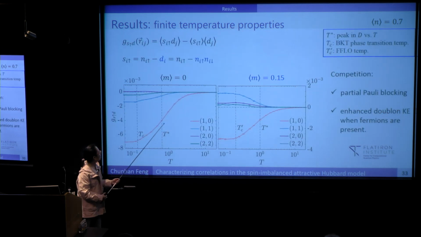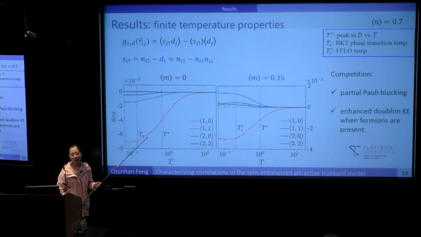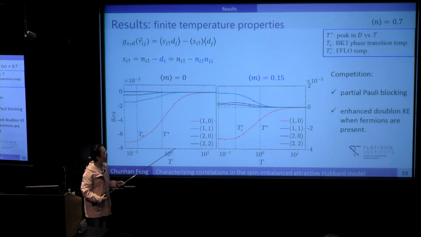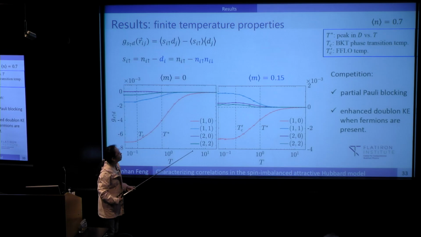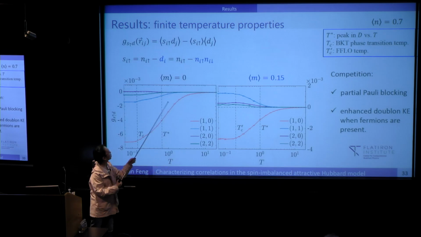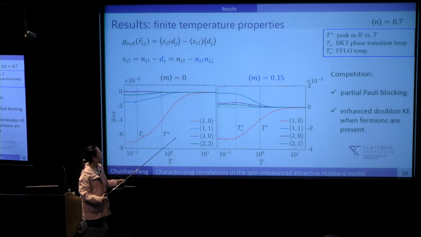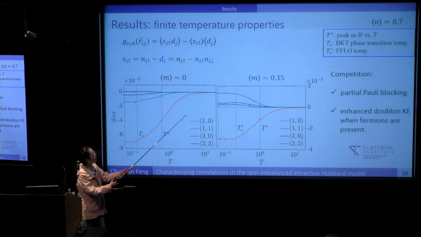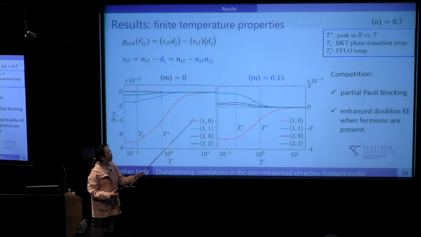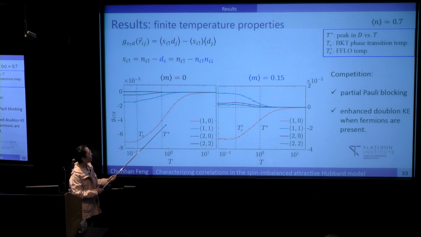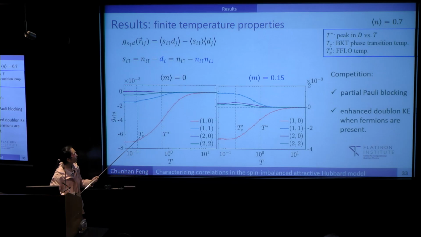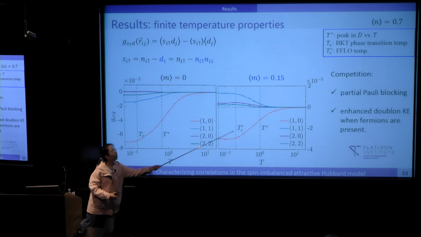And finally, it is just the single-on and double-on correlation, and we have already seen some information about this. If we look at how this correlation changes with temperature, when T is larger than T star, only the nearest neighbor term (1, 0) dominates in the system. Between T star and TC, the correlation becomes stronger and stronger in both cases.